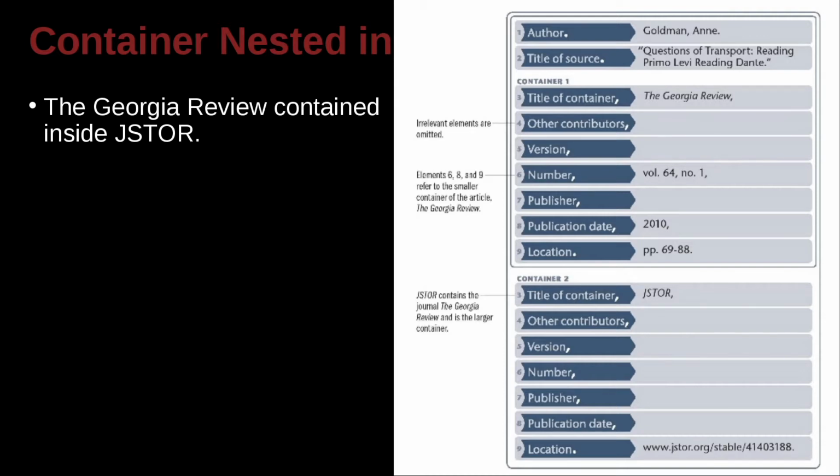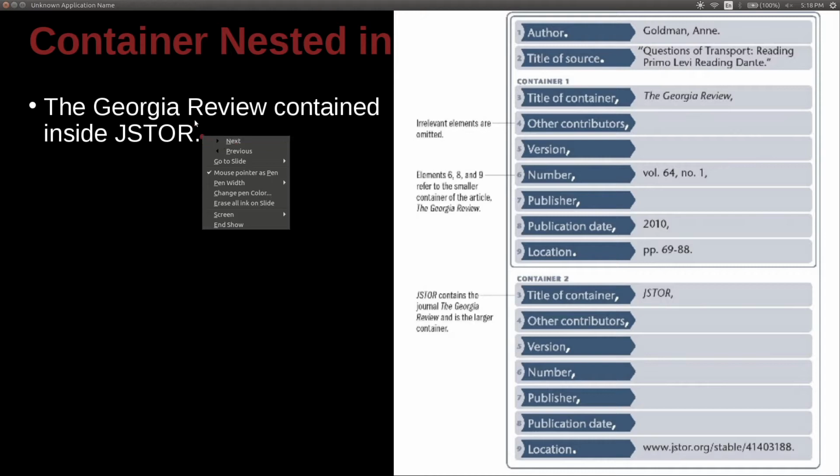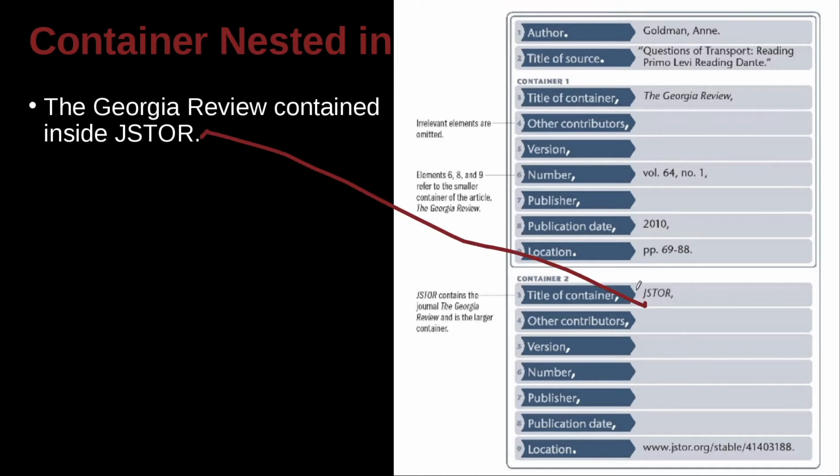So for example, the Georgia Review is a journal in this example, but it's contained inside of a database called the JSTOR database. So we can add JSTOR. So here JSTOR is actually included over here.